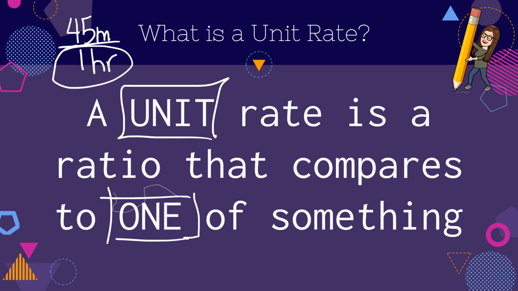So having this denominator of 1 is 1 of something. Another way to look at it might be if you are shopping for a turkey. When you shop for a turkey, you have a certain cost per 1 pound of meat. So we pay per 1 pound.